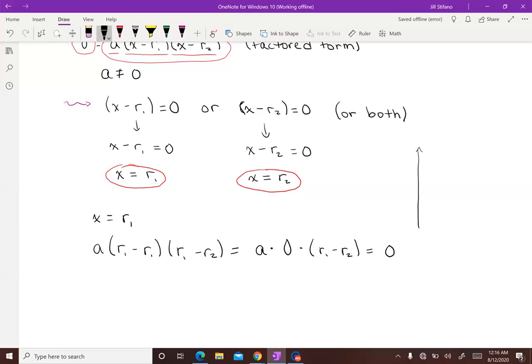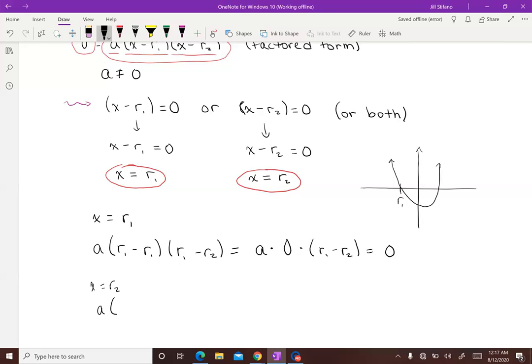So if I draw the graph and I'm looking at my parabola, we know that r1 is a place where the graph crosses the x-axis. And likewise with r2, if we plugged in x equals r2, we would get a similar result.